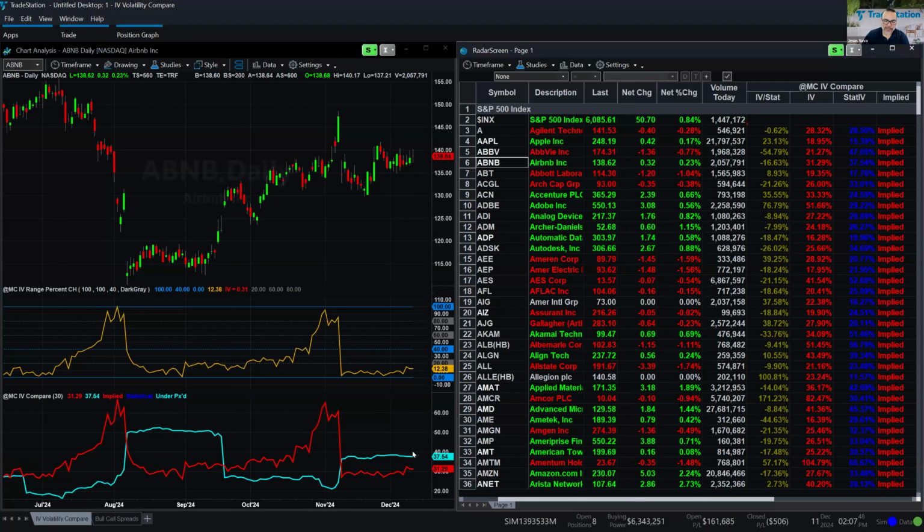Let me show you an example. This is Airbnb, right? Let me go here to my OptionStation Pro and pull up another symbol. I'm going to jump over here to this other workspace to show you some examples of how we can look for bullish stocks where we can establish options positions.